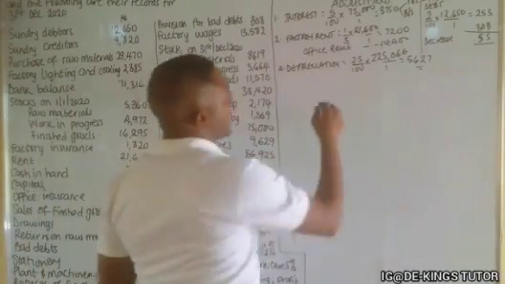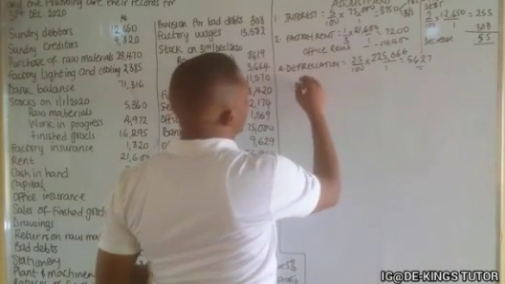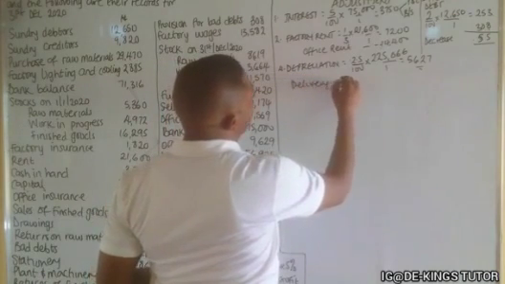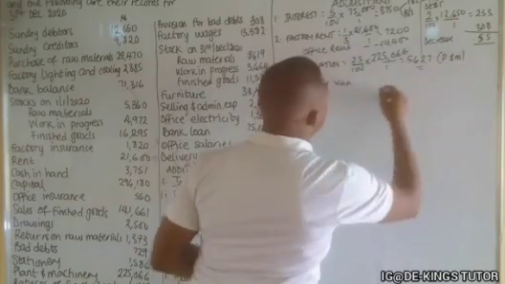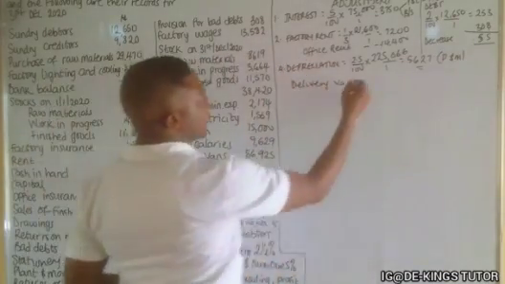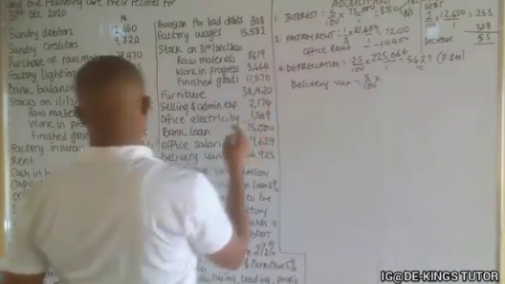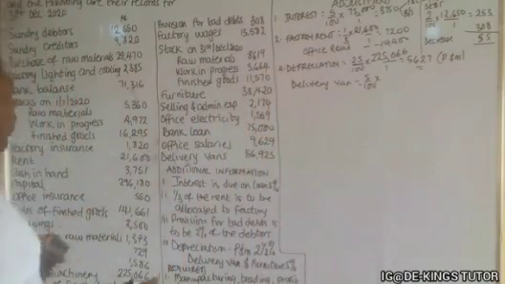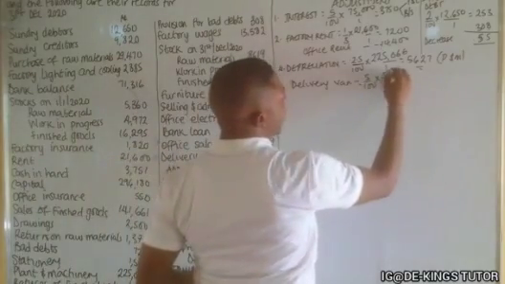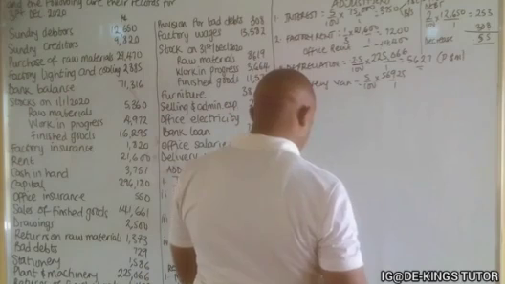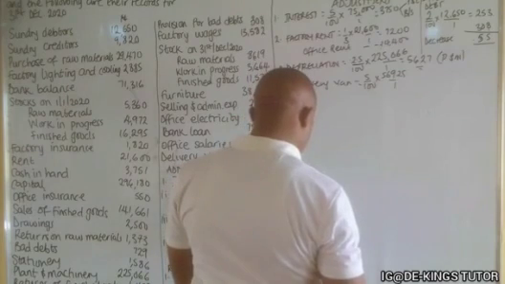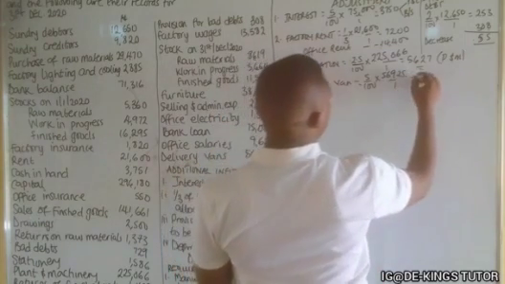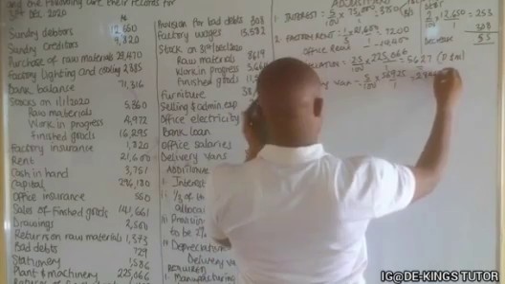The next one is for delivery van. They said it's 5%. That is 5 over 100 times the cost for delivery van, 56,925. So 5% of 56,925 will give us 2,846.